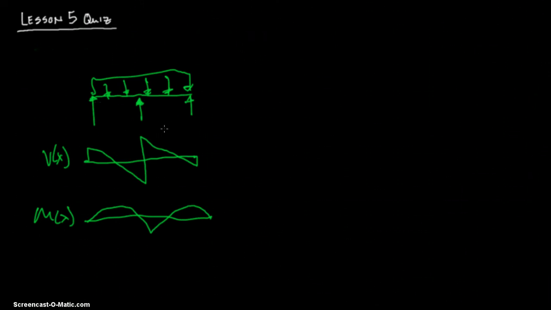Here's your deflection, and you'll find out later that it's going to look something like this. It wants to do this and go up like that. So you can see its negative moment is going to want to push it up.